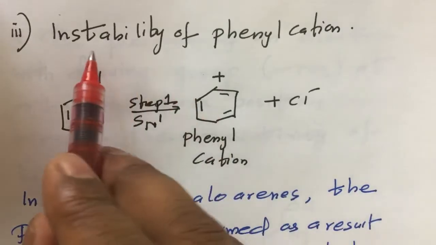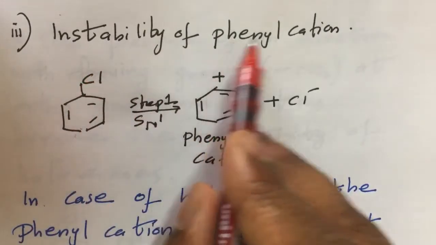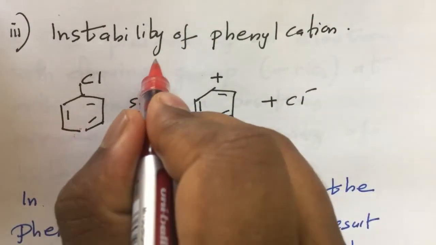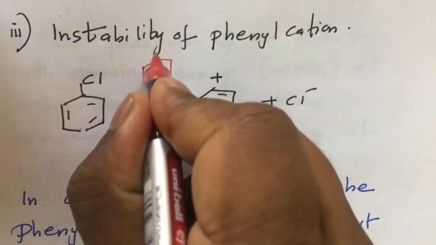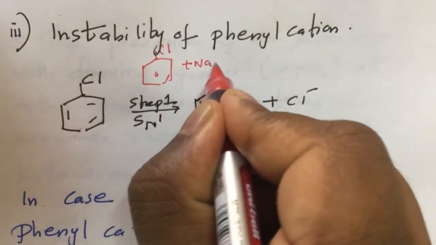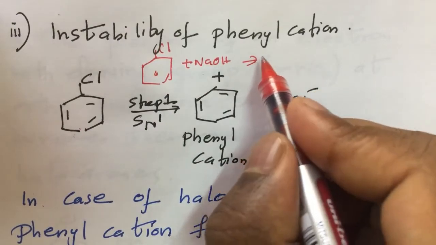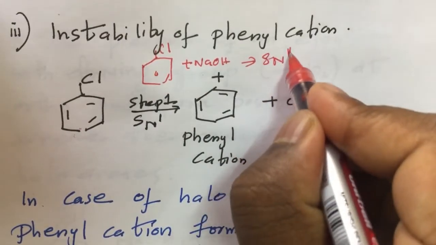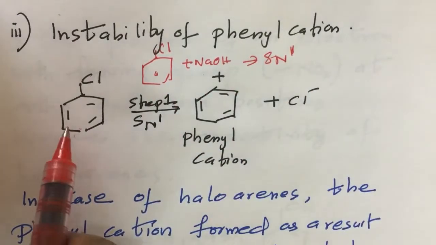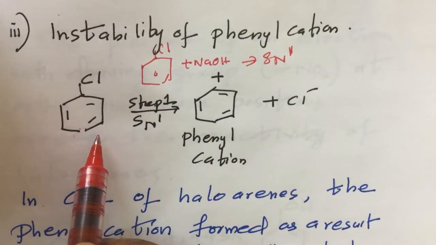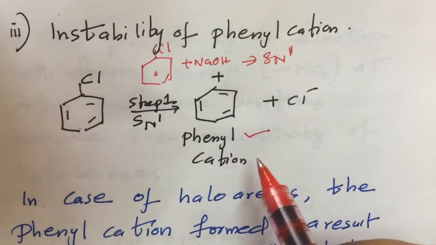Okay students, the next reason is instability of phenyl cation. See, in the reaction of chlorobenzene with NaOH, if reaction is taking place through SN1 mechanism, what is the first step in SN1 mechanism? Already you learned the first step is formation of carbocation.